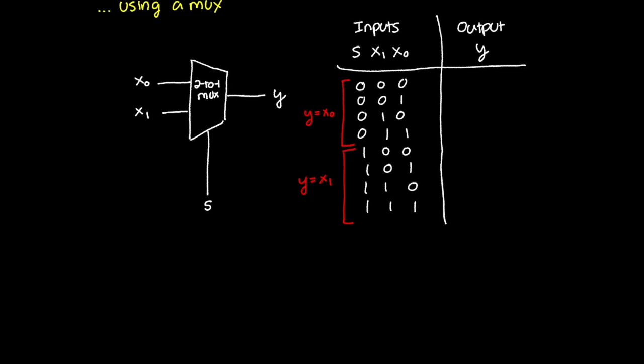So all that means is that over here, when s is equal to 0, output y is going to be this value. And similarly, when s is equal to 1, output y is going to be this value, x1.